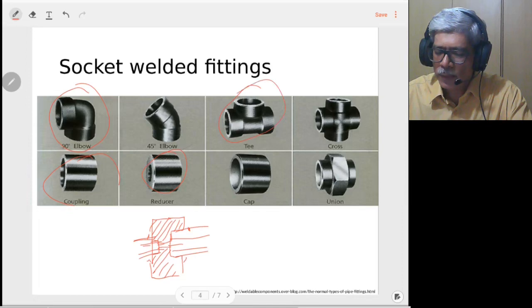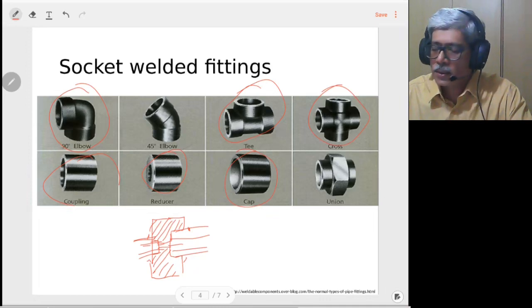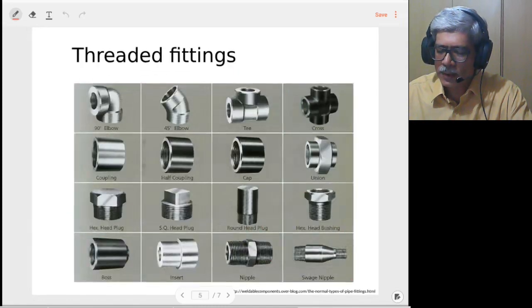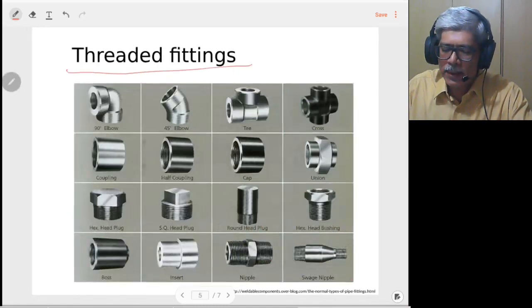You will get socket welded T's as well. You will get socket welded caps. The cross or the union type of joint. All of these are possible with the socket weld, and in a similar way they are available in the threaded joints as well. In the threaded fittings, the ends are threaded.